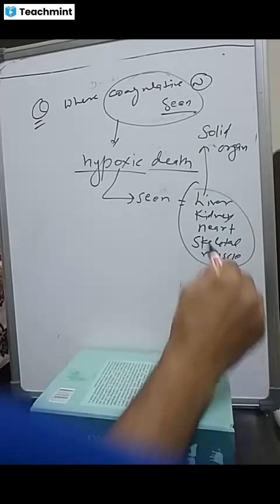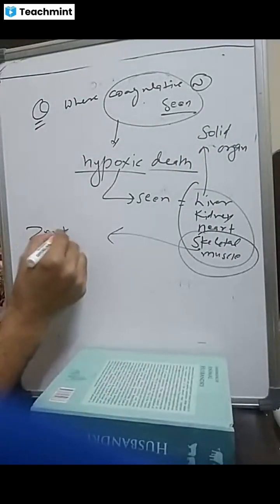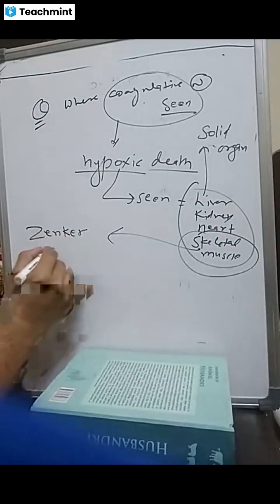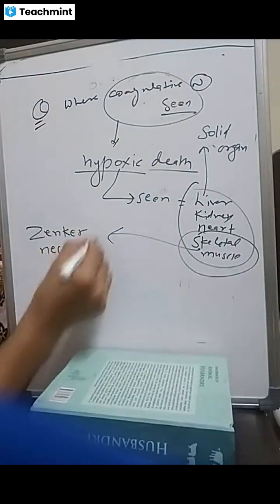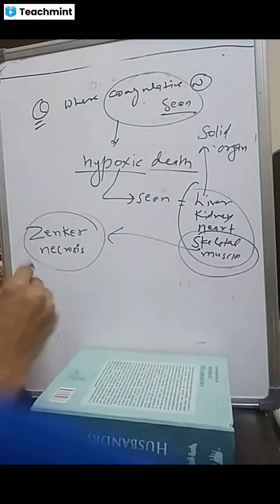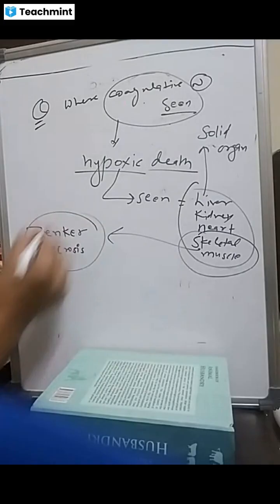In skeletal muscle, this coagulative necrosis is known as Zenker's necrosis. Previously it was called Zenker's degeneration, but it is a necrosis. Degeneration is reversible, but necrosis is irreversible. The common cause is hypoxia.